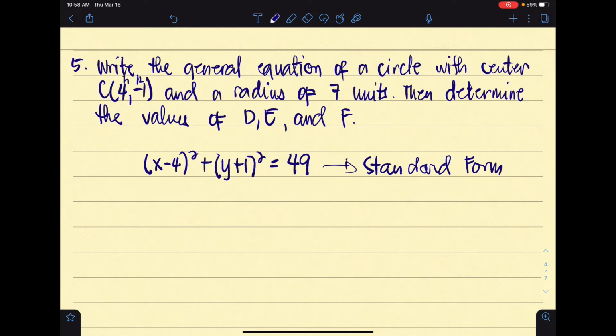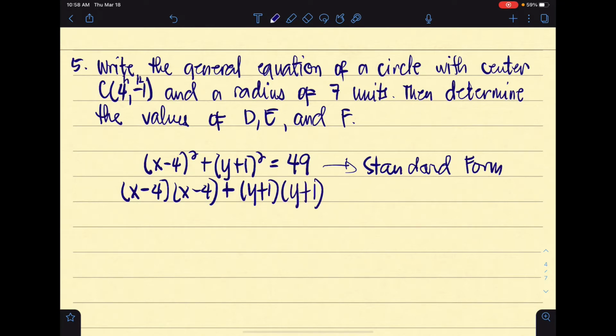But how? Now, we are just going to expand this side of the equation, (x minus 4) squared. So when we have (x minus 4) squared, that actually means that you have (x minus 4) times (x minus 4). And then you have (y plus 1) times (y plus 1) equals 49.